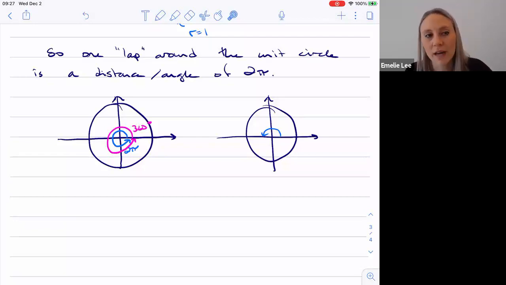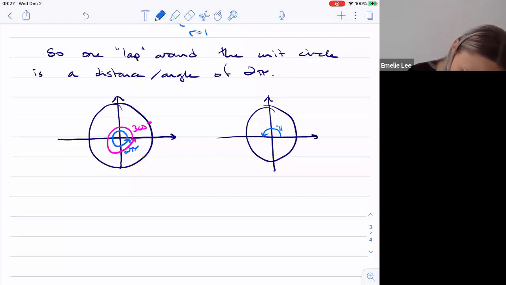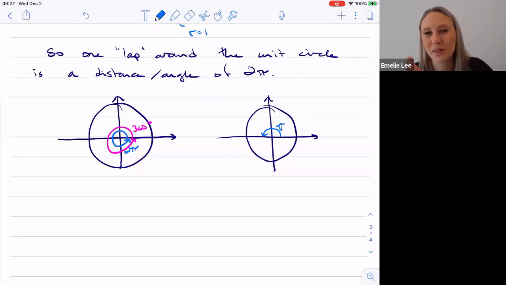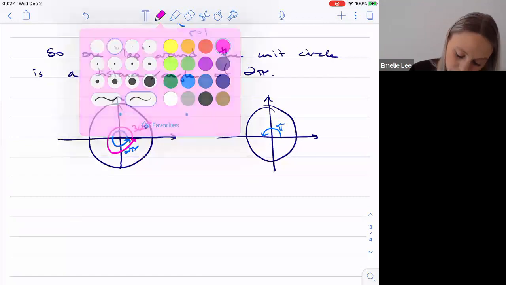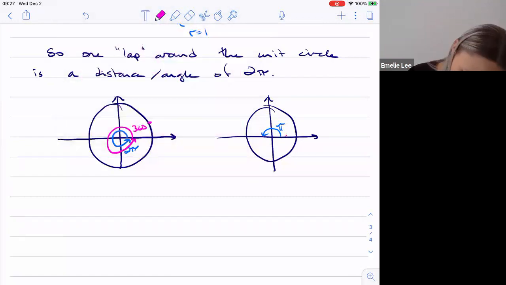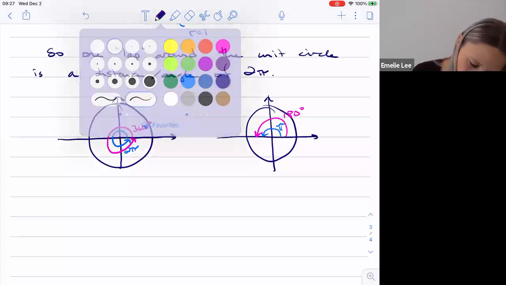If I'm doing half of that, 2 pi over 2 is just pi, so in radians, it's pi. But you also know that a complete 180 means you've gone half the circle, or 360 divided by 2 if you prefer: 180 degrees.